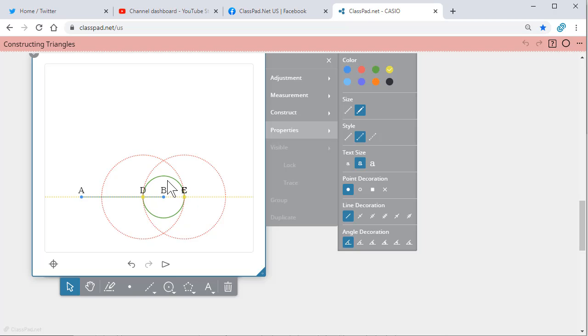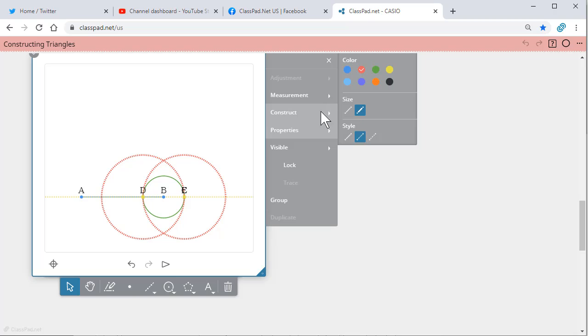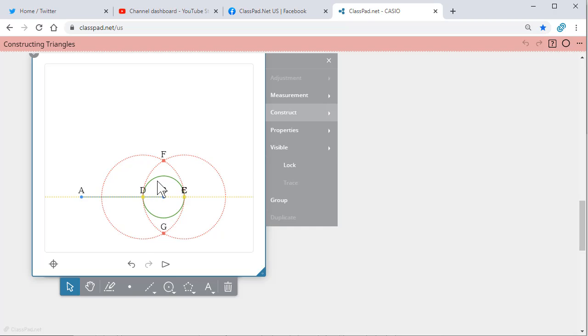So these two points where they're intersecting, let's make that intersection, are equidistant from both D and E, which is the definition of a perpendicular bisector. All the points on a line that are equidistant from two endpoints of a segment are on its perpendicular bisector.